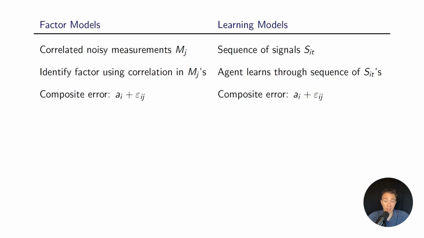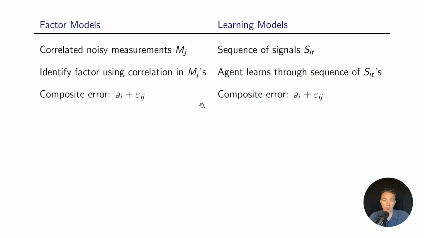Both models have a composite error and can be written equivalently as a sub i plus epsilon ij, or in learning models, this would more formally be epsilon it, just to emphasize that this is over time and this is potentially cross-sectional over different measurements.